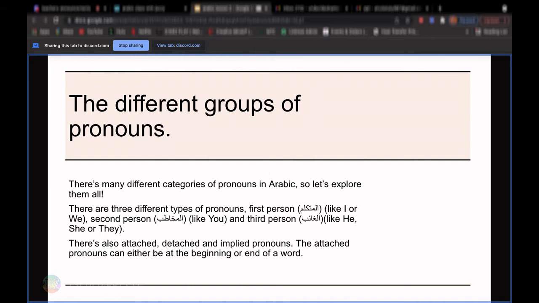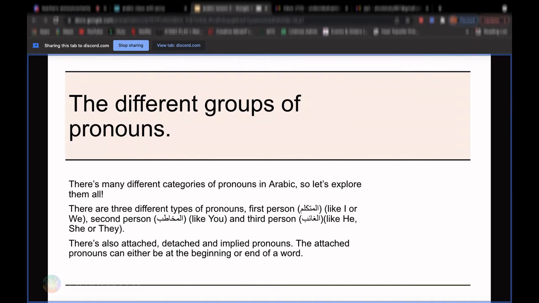There are 3 different types of pronouns. There's first person, al-mutakallim, which the word for first person in Arabic comes from the word for speaker, right? Like the person that is speaking.